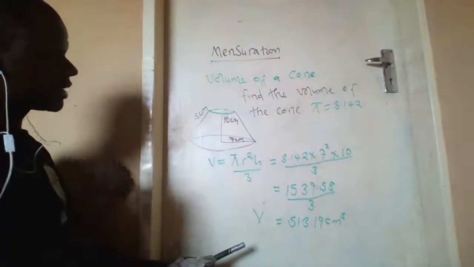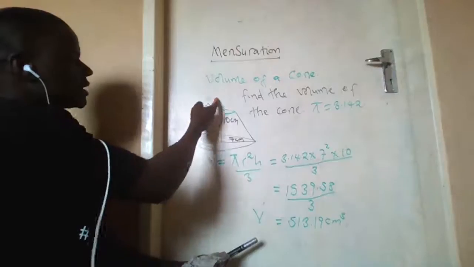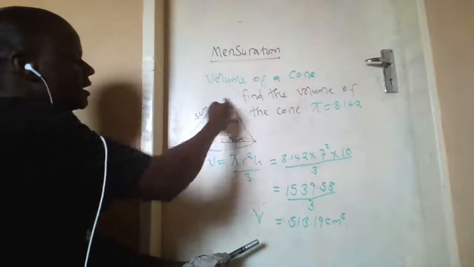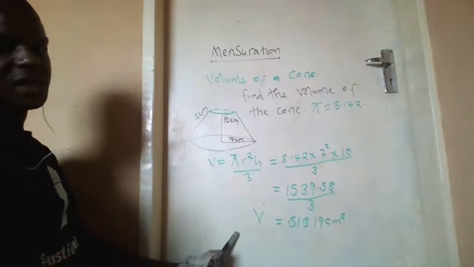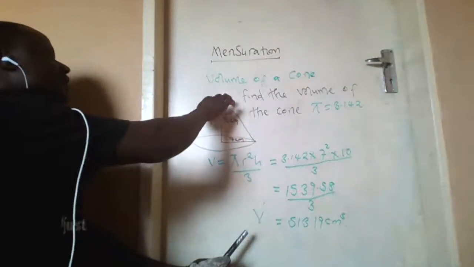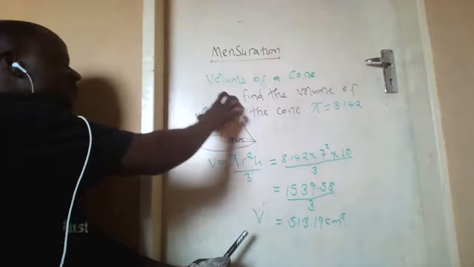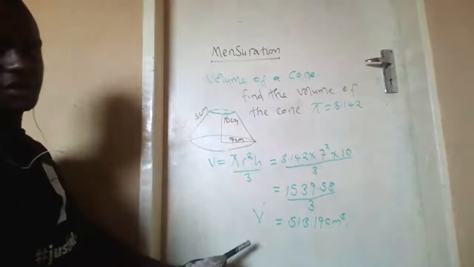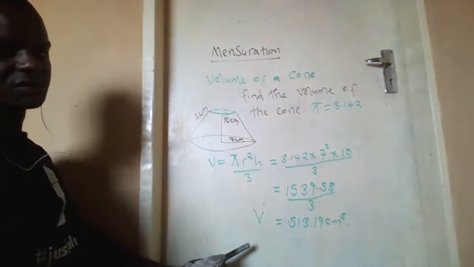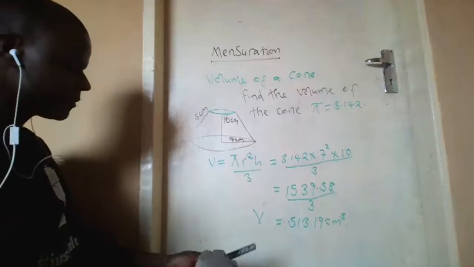So when such a question comes, we have to make sure that you extend the line to assume that the cone is complete. Then you're going to find the volume of the complete cone. We subtract the volume of the cone that is removed. Most of the times, that is how questions come in an exam.